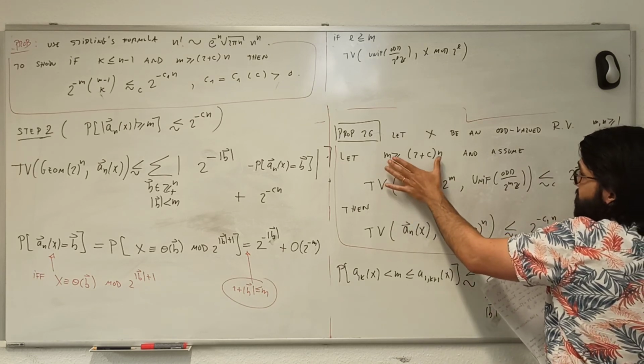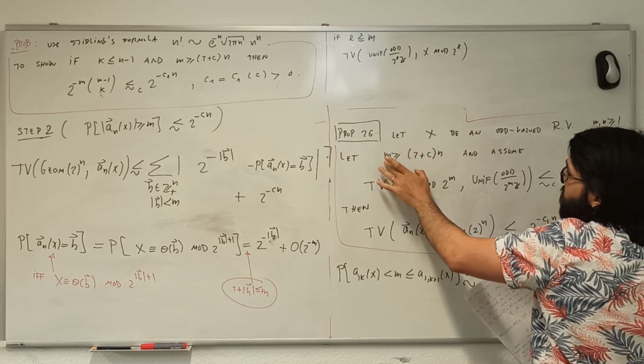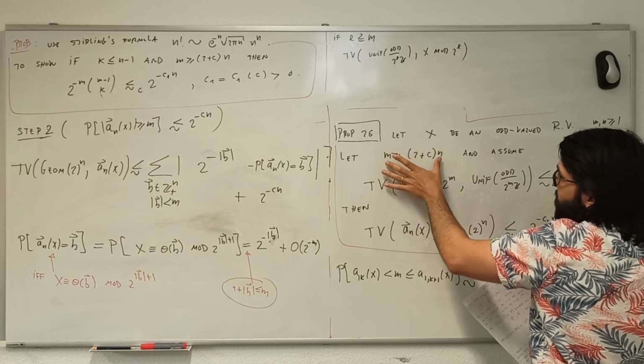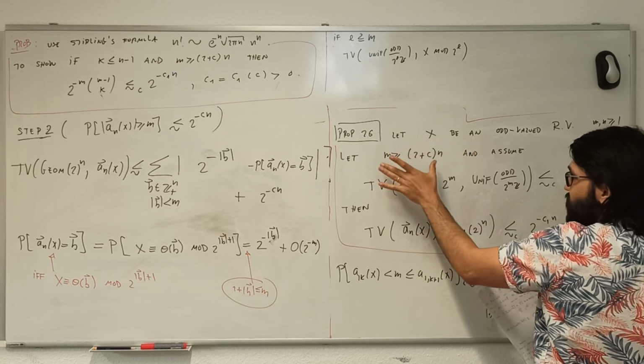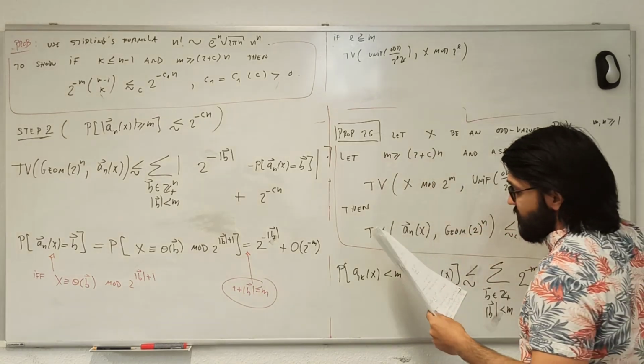I'm not saying that this holds for every m from 1 to, again, I'm not saying that this holds for several tuples of m and n, just for two fixed numbers m and n. Okay, but this implies something still.